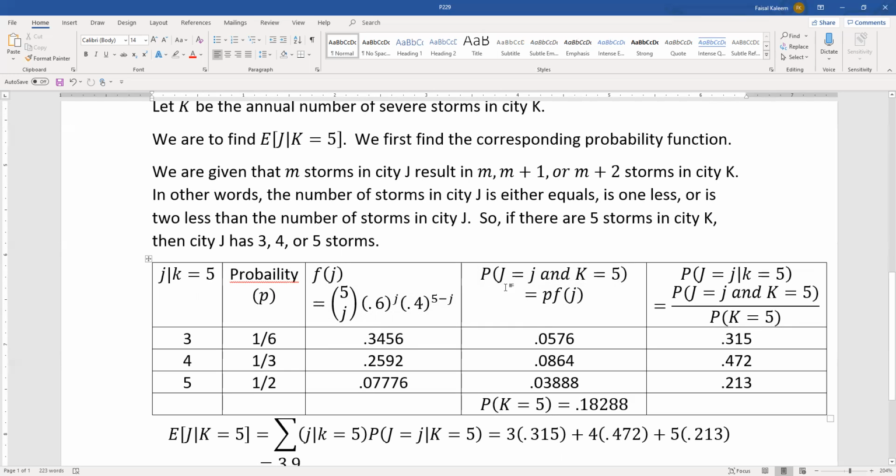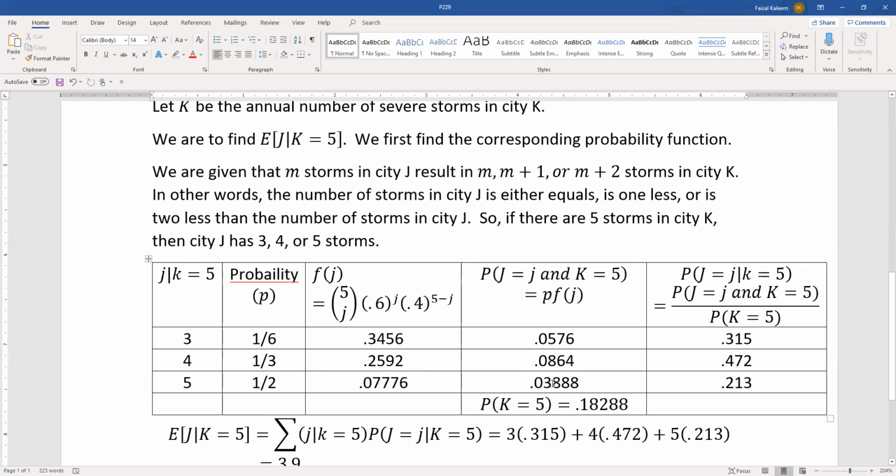So that's why this probability is obtained by multiplying this column with this column. So 1/6 times 0.3456 gives us 0.0576, and similarly the other two. J equals 4 and K equals 5 will be this times this, and J equals 5 and K equals 5 will be this times this, equals that.